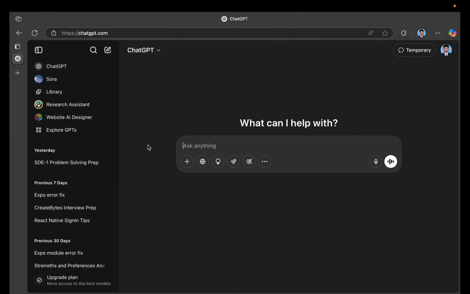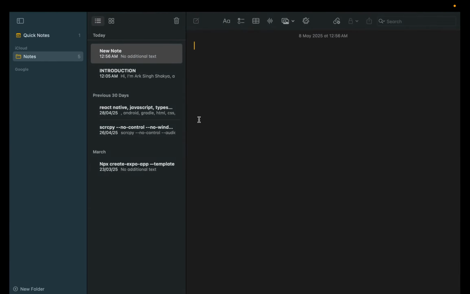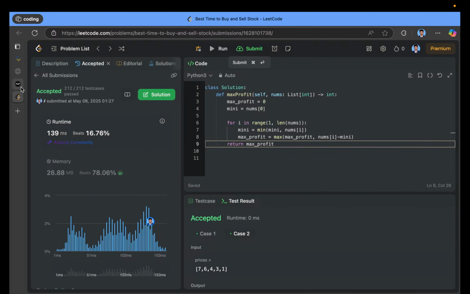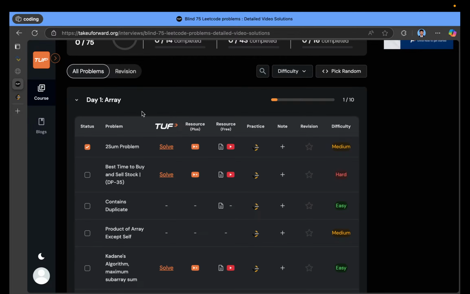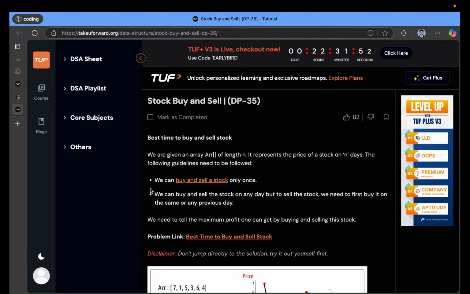See, I have already opened this ChatGPT. So, resources, I think you can find it here. I don't want to see any YouTube video, just let's go with text.